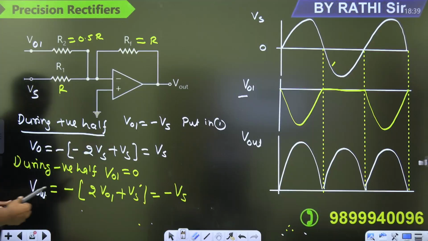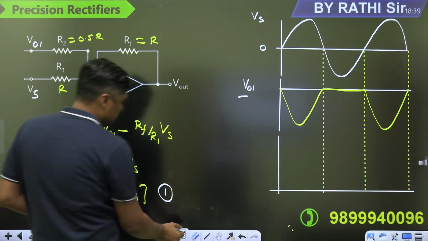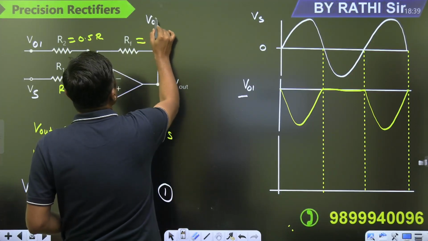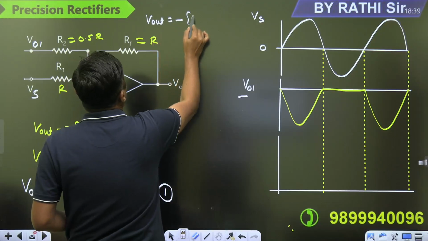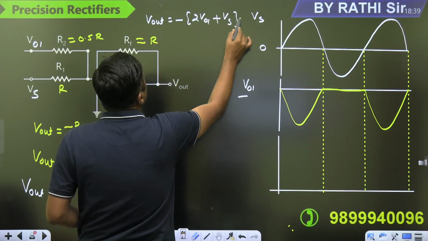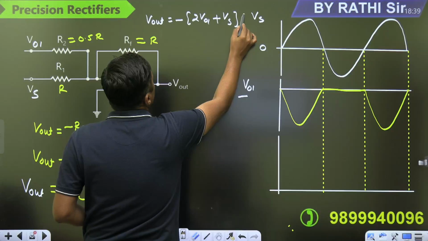So I can write the formula for the summer here. What is the output of the summer? V out is equal to minus of 2V01 plus Vs. Right? It is the equation number 1.